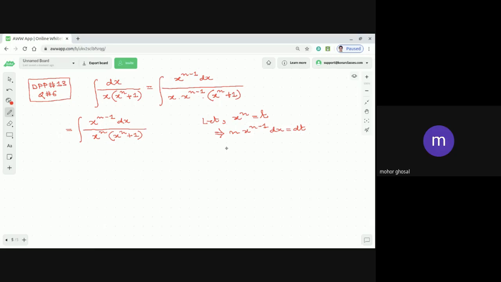So from here we can write x to the power n minus 1 dx is 1 by n dt. So 1 by n is a constant I take outside. Integration dt divided by t into t plus 1. Do you agree with me? Yeah, yeah. After that, what?